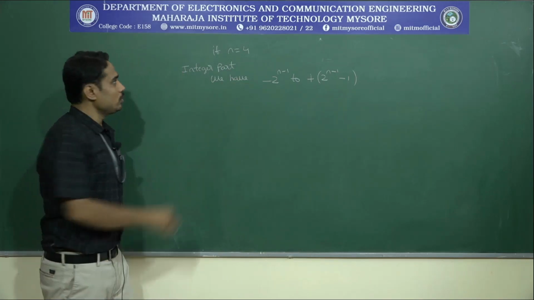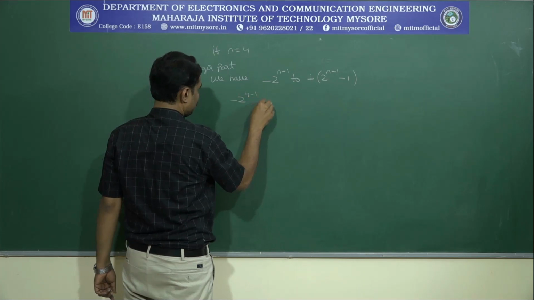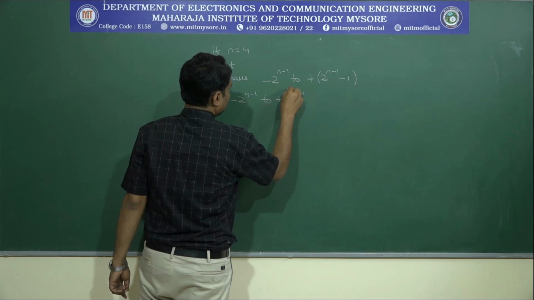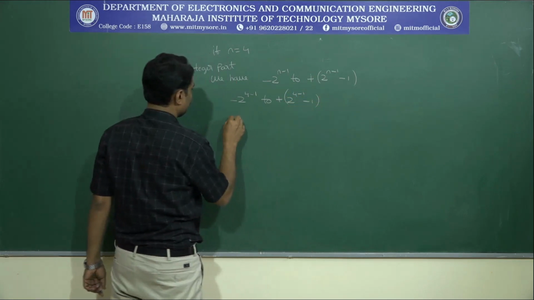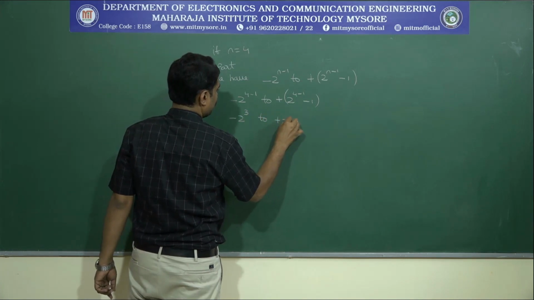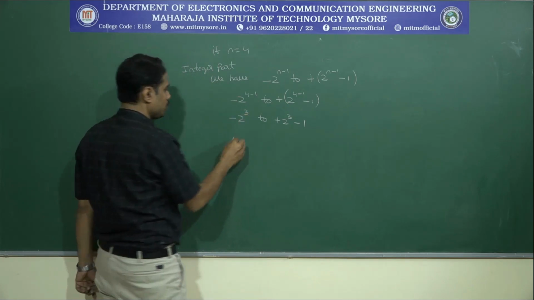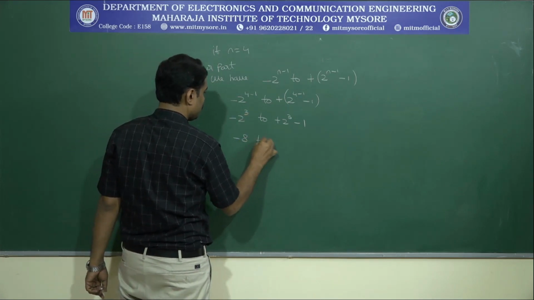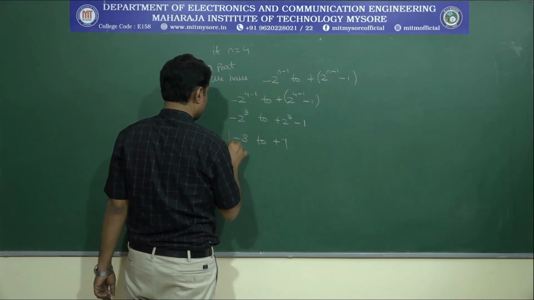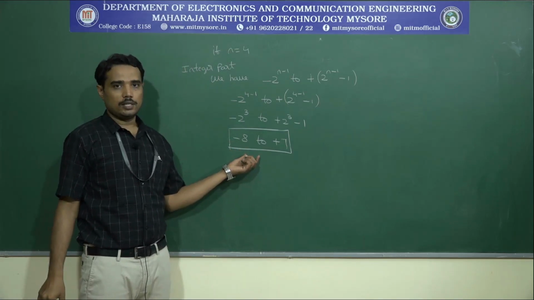Here n is equal to 4, so I can write minus 2 power 4 minus 1 to plus 2 power 4 minus 1, minus 1. That means minus 2 to the power 3 to plus 2 to the power 3 minus 1. That means minus 2 to the power 3 is equal to minus 8, to 8 minus 1, that is plus 7. This is the range of numbers that can be represented using integer part.